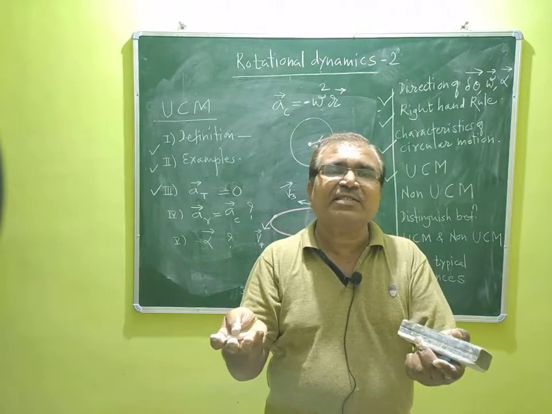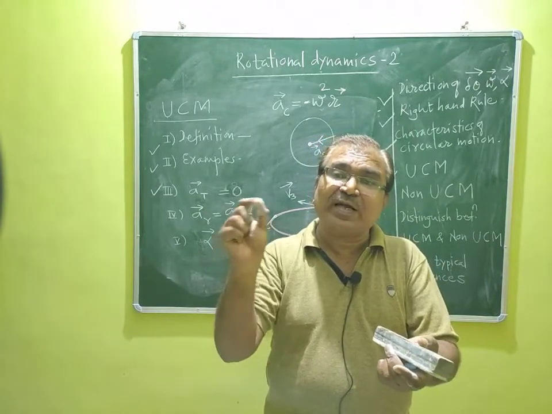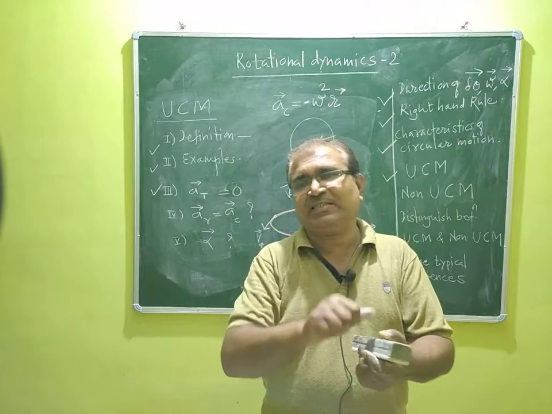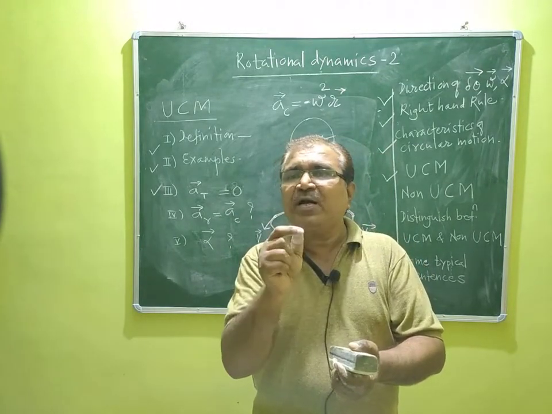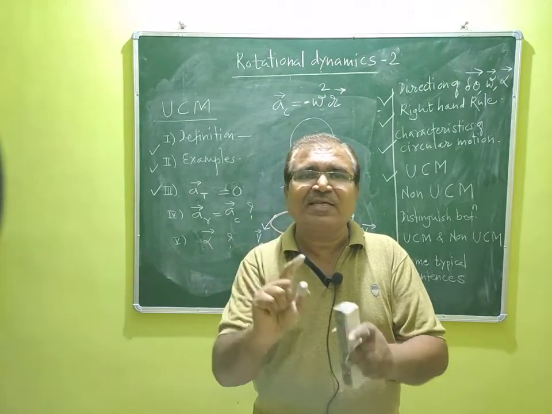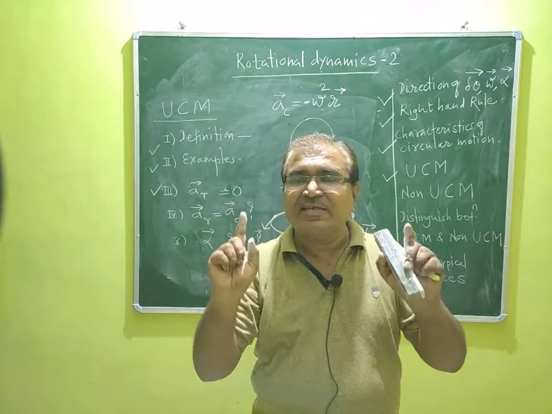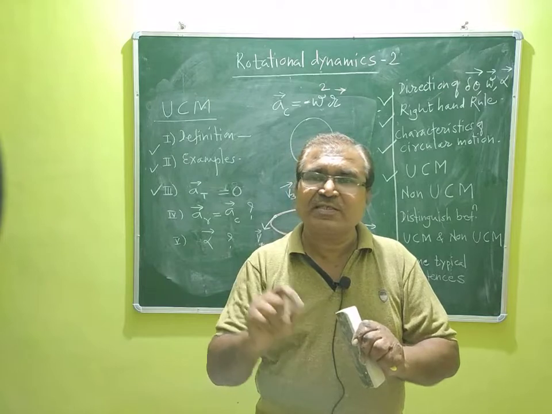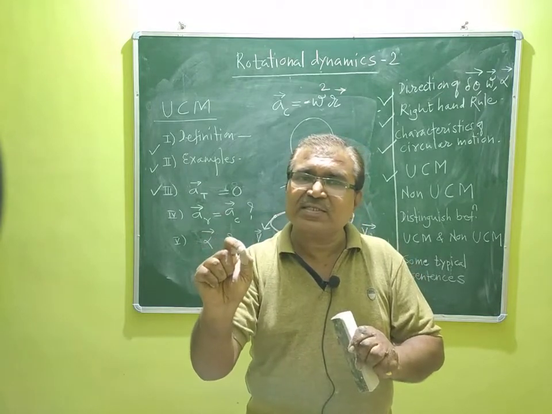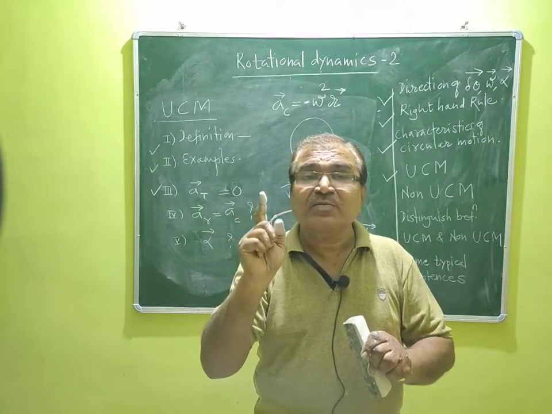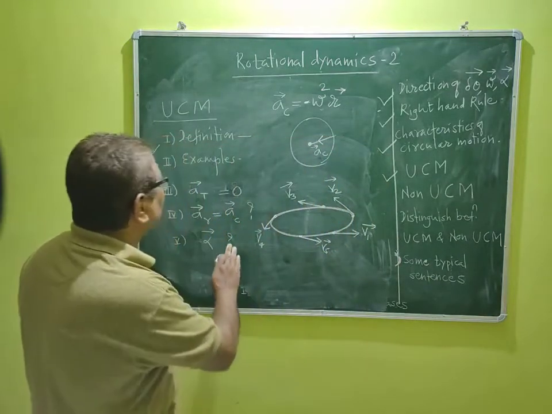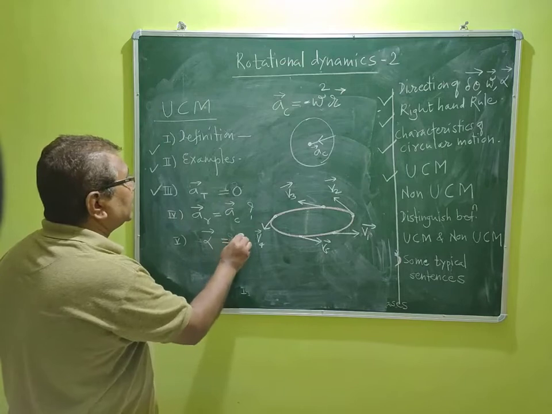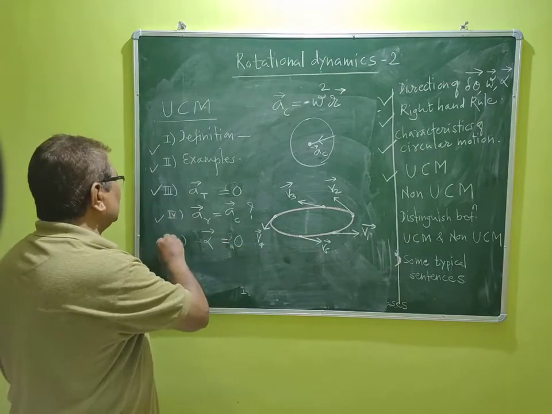Angular acceleration appears when angular speed changes. But in uniform circular motion, omega is constant. It is not changing. Linear speed is not changing. Linear speed is constant. And so in UCM, alpha vector, the angular acceleration, is equal to 0.